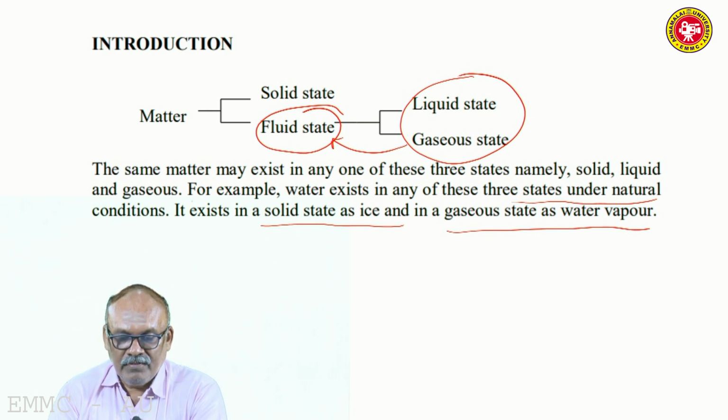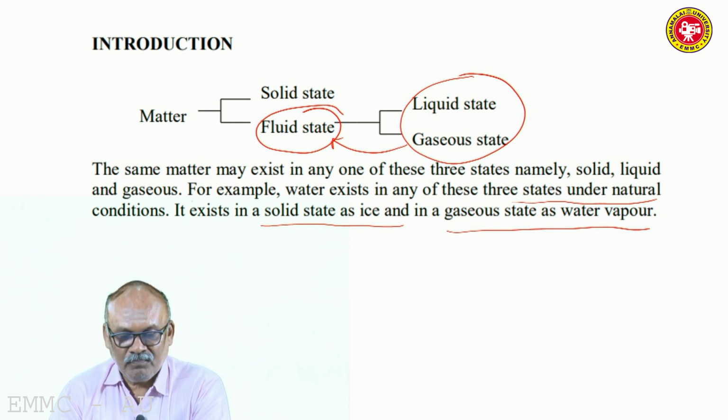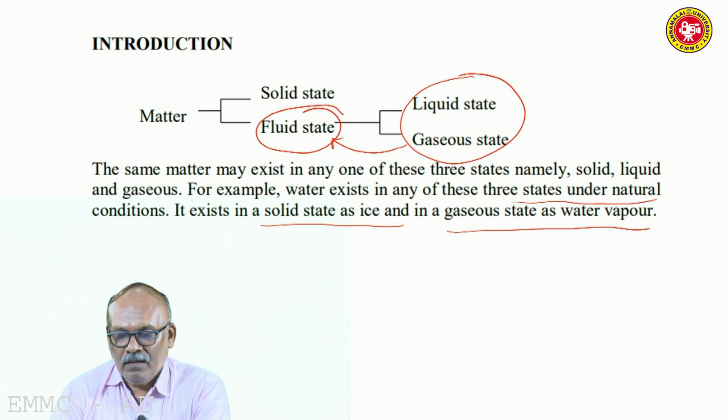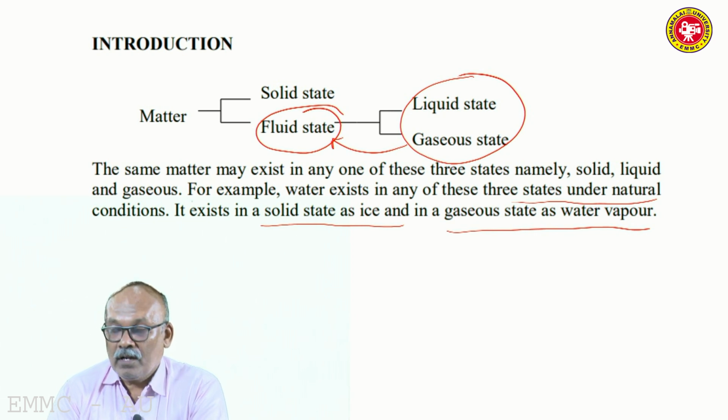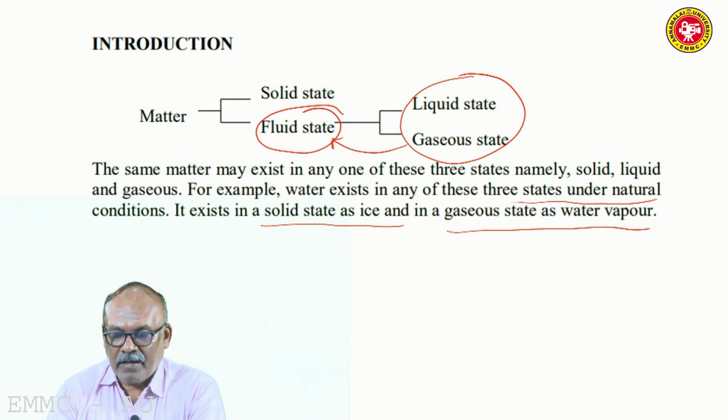So for instance, if we take the location Chidambaram, where Annamalai University is situated, water exists in two states under natural conditions. That is as liquid water as we consume, and in the atmosphere as water vapor. The water vapor content in the atmosphere is measured in terms of the parameter humidity.